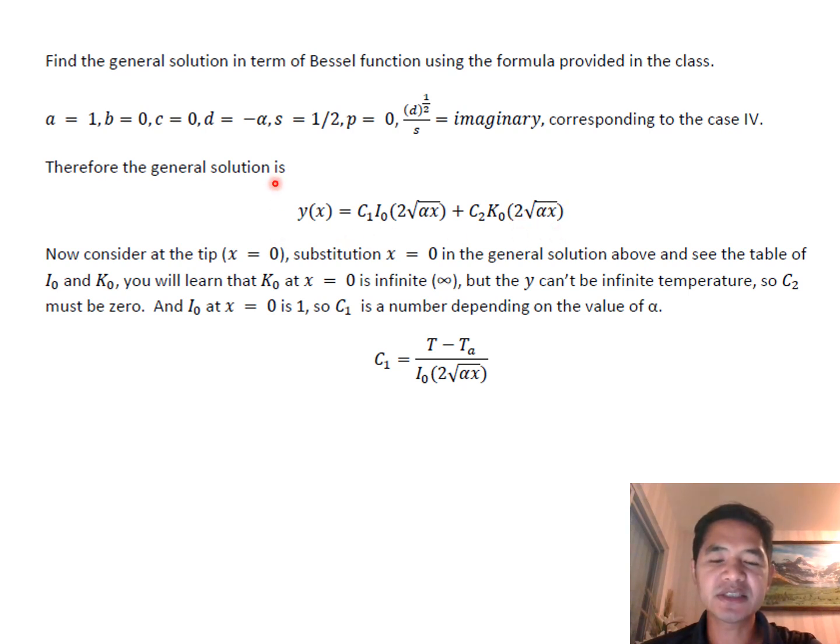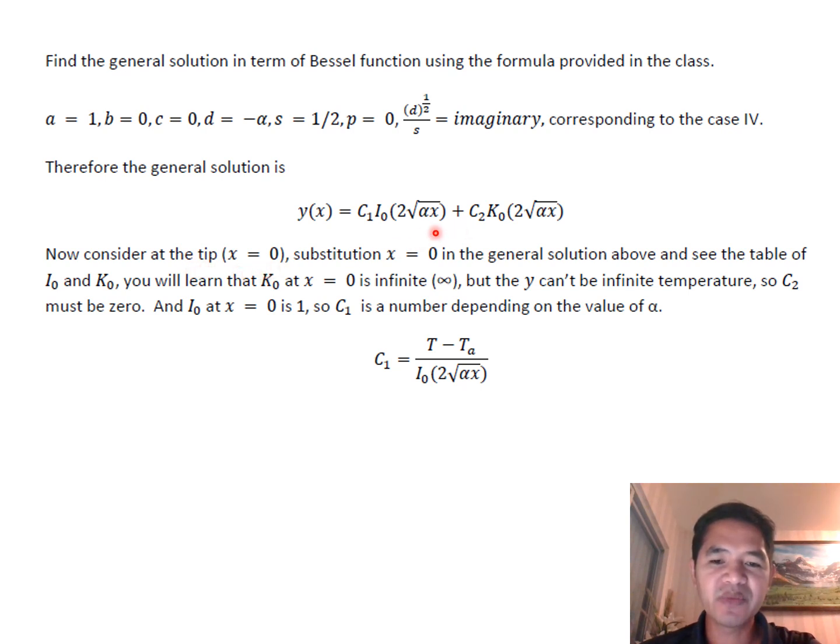This is the general form of the answer, the solution in terms of a series solution using the Bessel method. We can also get rid of a constant, c1 or c2, so let's consider the tip, which is x equal to 0.